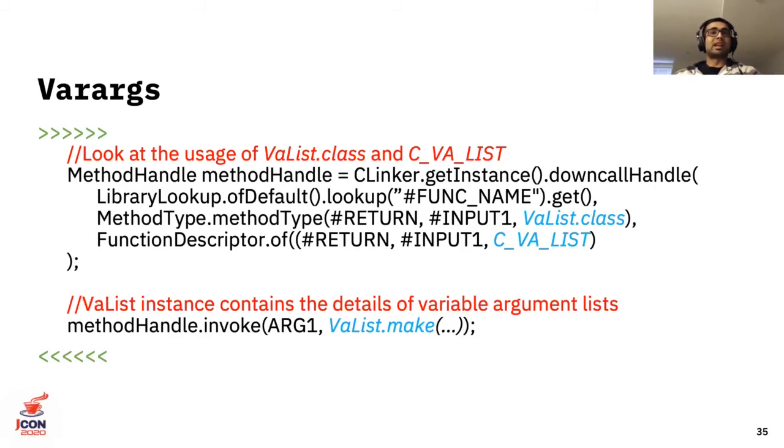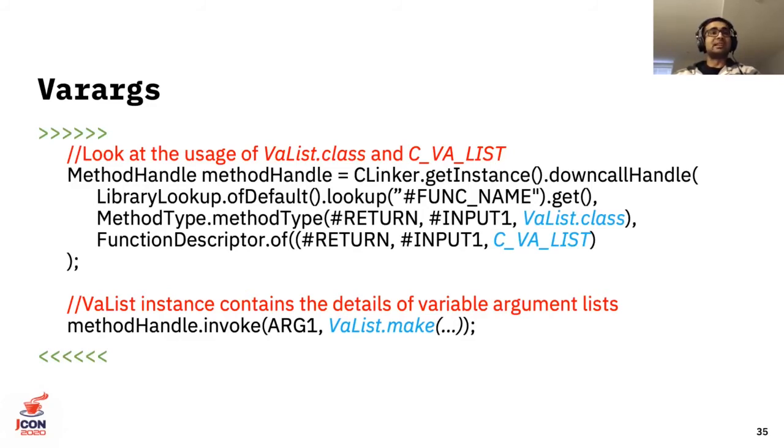When the method handle is invoked, a VA list instance needs to be provided with details about the variable arguments list. So here there is an extra overhead of creating a VA list instance before the down call. But this approach is good because it allows us to reuse the down call method handle.